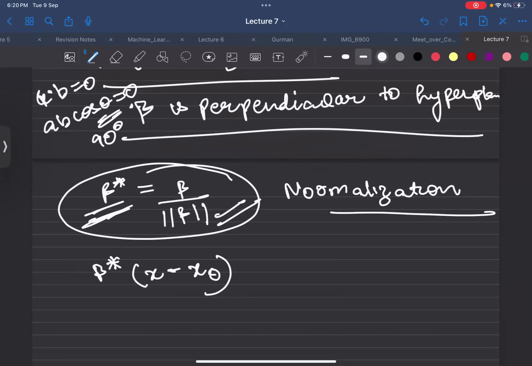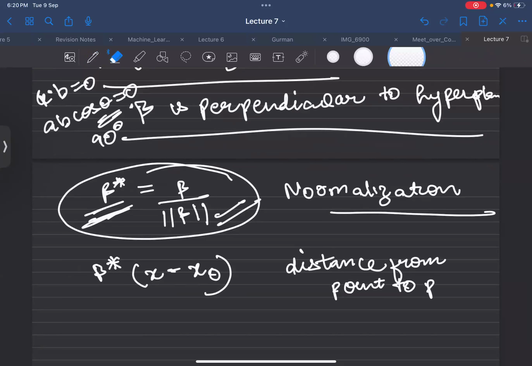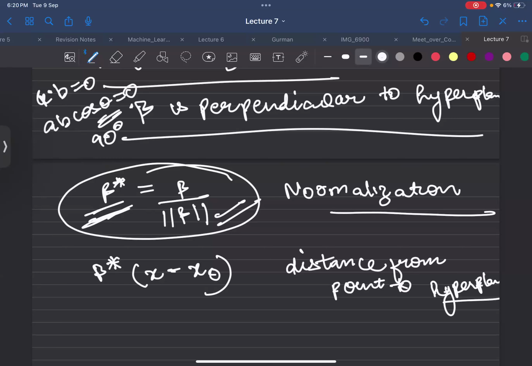So now what I'm saying is, how much is the distance from a point to the hyperplane? Fine till now?